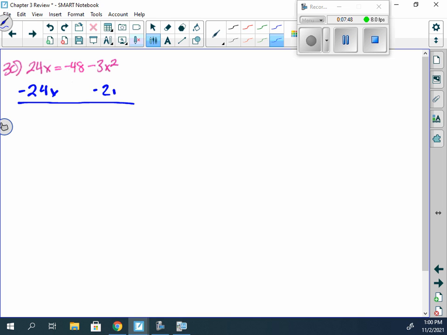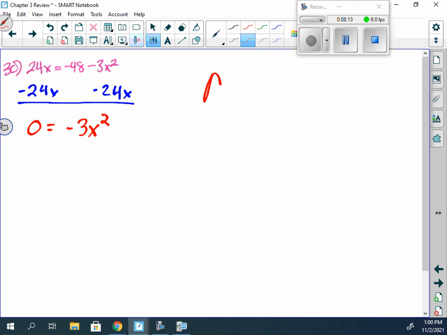What we can do is subtract 24x from both sides. And when we do that, we'll get 0 is equal to... I'm going to change the order a little bit because we want the variable with the biggest exponent to go first, which would be our negative 3x squared, because it's always going to go x squared, x, and then our constant term.